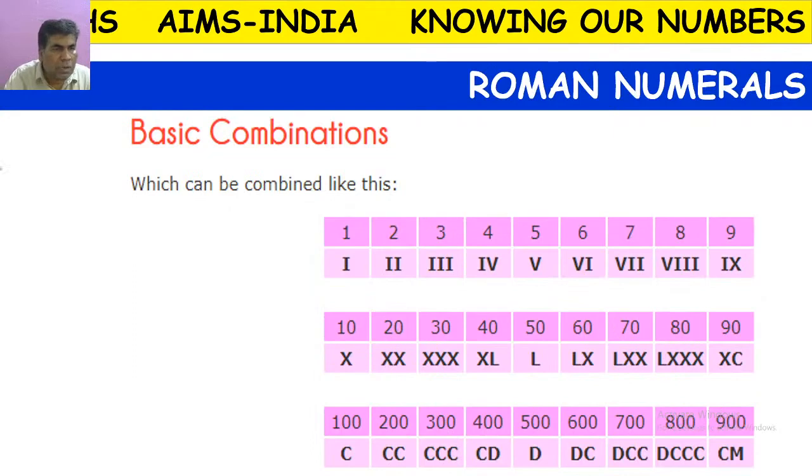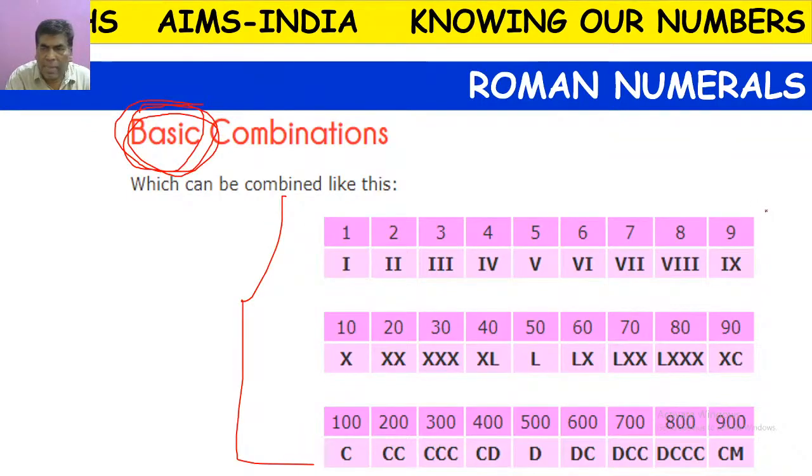So let's see some basic combinations with those basic symbols only. All these numbers can be written. Already you have learnt about Roman numerals in your earlier classes. 1 means one I, 2 means two I's, 3 means three I's. 4 means from the 5 symbol, 1 is to be subtracted.